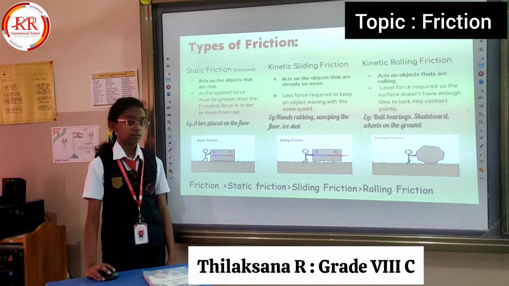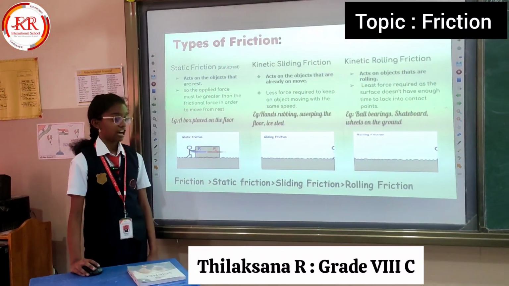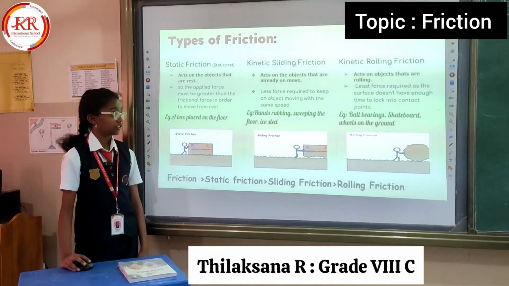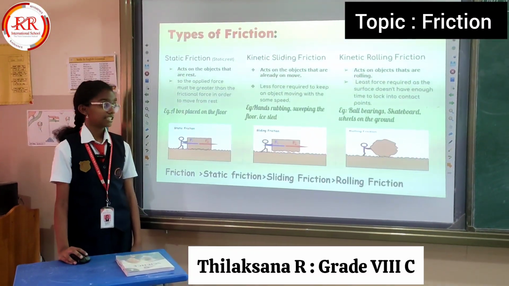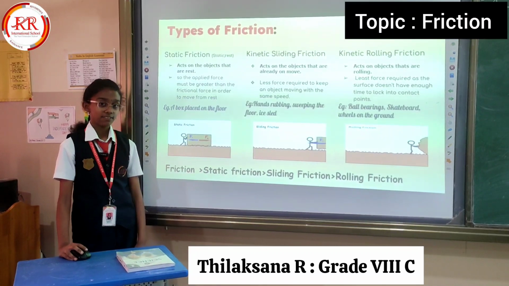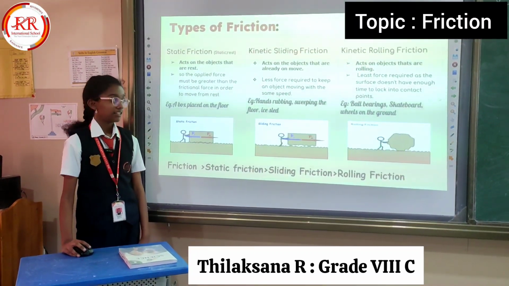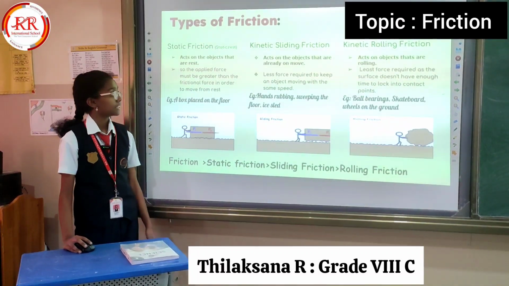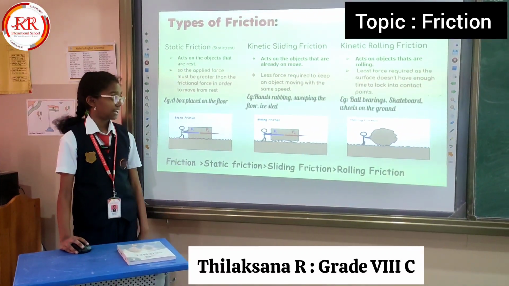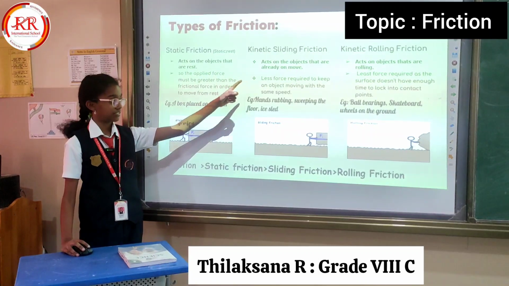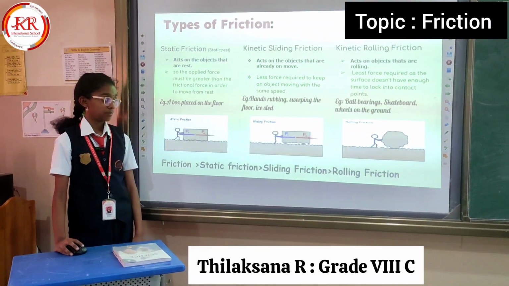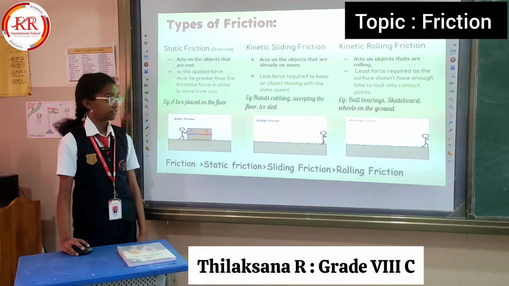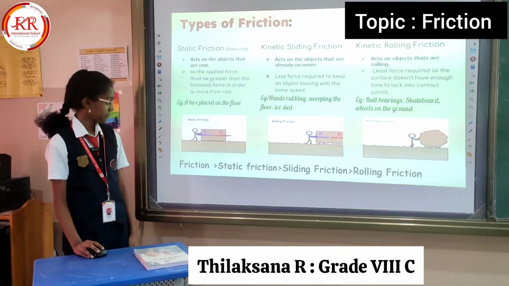Sliding and rolling friction are both kinetic, as they act on the object that's already on the move or rolling. So, the least force is required as the surface doesn't have enough time to get locked between these irregularities. Hands rubbing, sweeping the floor, and ice sliding are examples of sliding friction, while ball bearings, skateboards, and wheels on the ground are examples of rolling friction.